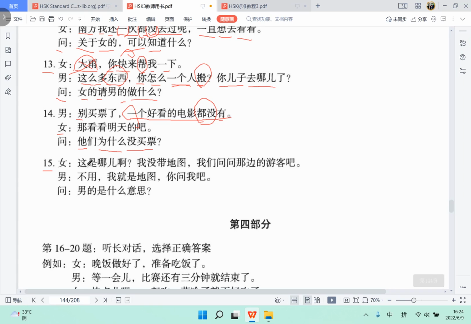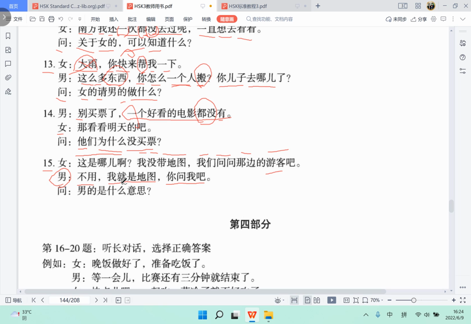And 15: 这是哪儿啊，我没带地图。I haven't brought the map. 我们问问那边的游客吧。So 游客, tourist. And 不用, no need, 我就是地图，你问我吧。So this man is really humorous, right? He said 我就是地图, I am just the map.